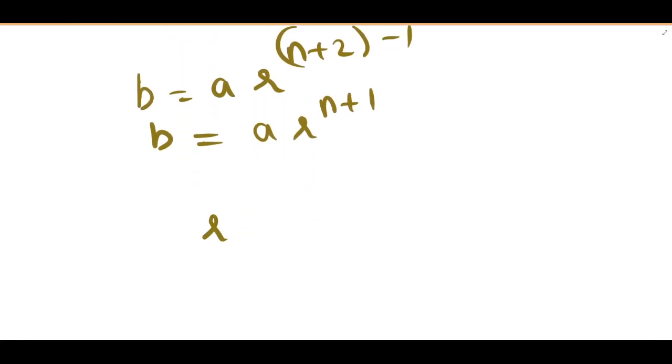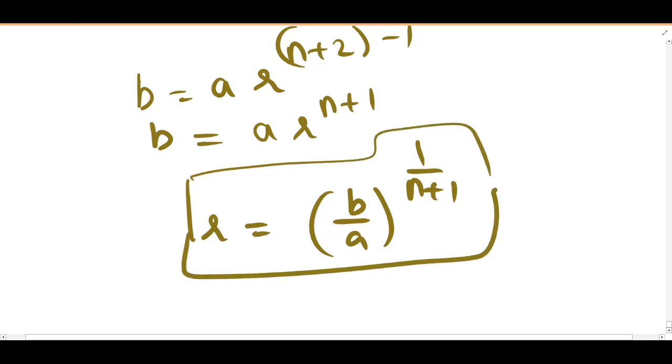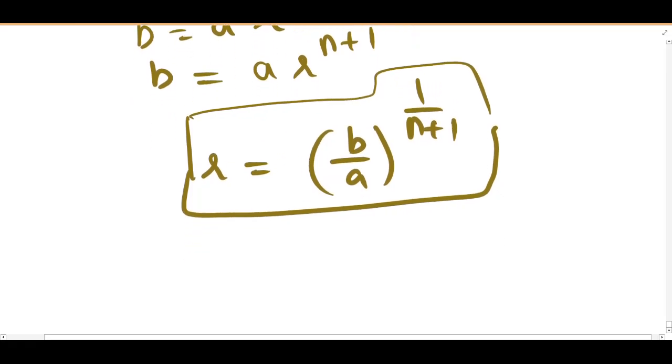So if we find the common ratio, we get (b/a)^(1/(n+1)). Therefore, we can insert as many numbers as possible between a and b if we have a common ratio of (b/a)^(1/(n+1)).